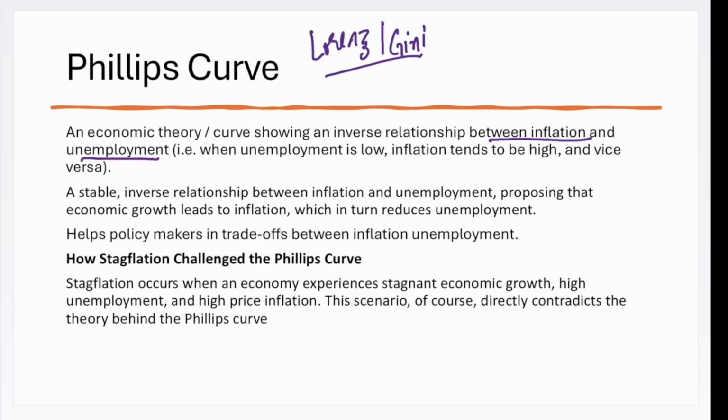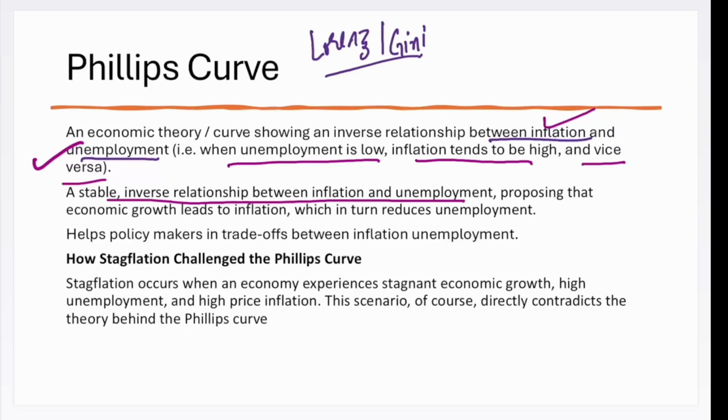It's an economic theory about the relation between inflation and unemployment. When unemployment is low, inflation tends to be high. Why is it so? When everybody is in a job, everybody is earning, there is more money, then inflation tends to be high, and vice versa. It is a stable and inverse relation between inflation and unemployment.